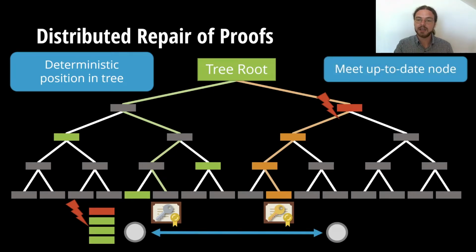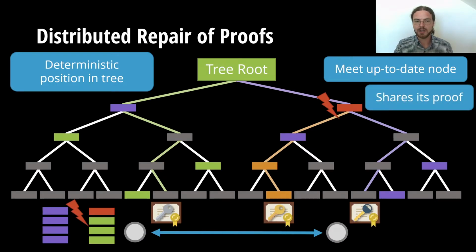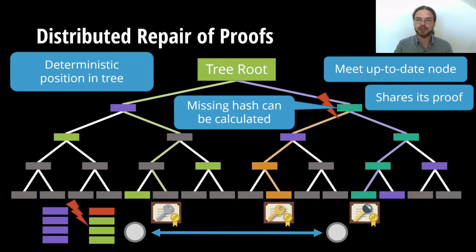So now, if this node meets another up-to-date node, which has its own certificate and proof of inclusion, it can share this proof of inclusion. And because we know exactly, again, the position is deterministic, this allows the original node to calculate its missing hash and thus become up to date again.